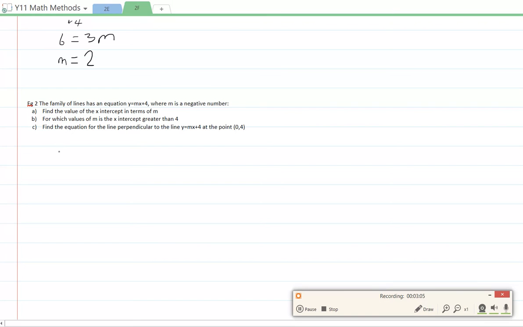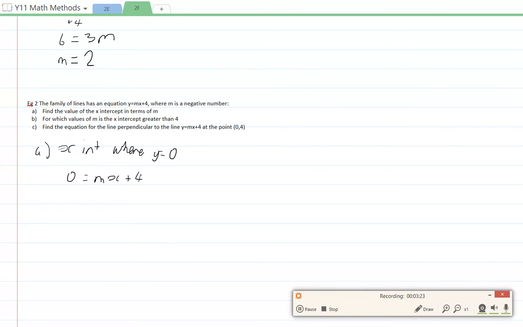So when you're finding the x-intercept, x-int, that's where y equals 0. So substitute that in, 0 is equal to mx plus 4. Now we're trying to find the x-intercept in terms of m.